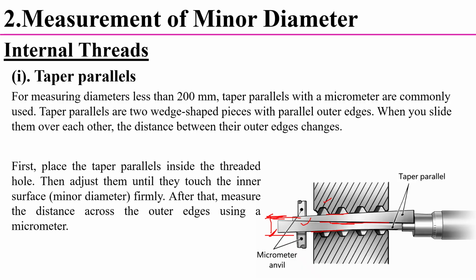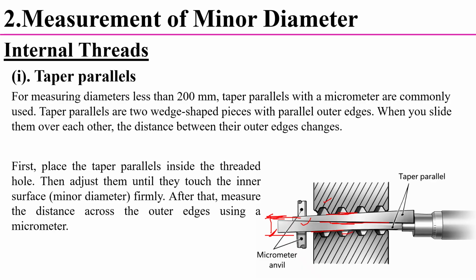Let's see the procedure. First you have to place the taper parallels inside the threaded hole. Then you have to adjust them until they touch the inner surface or minor diameter.